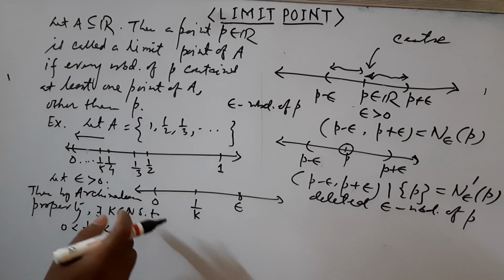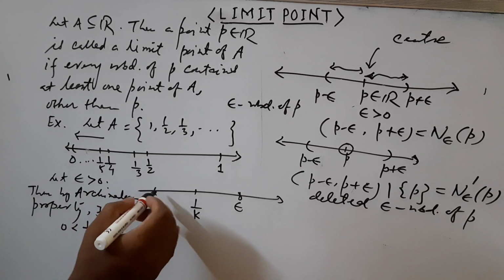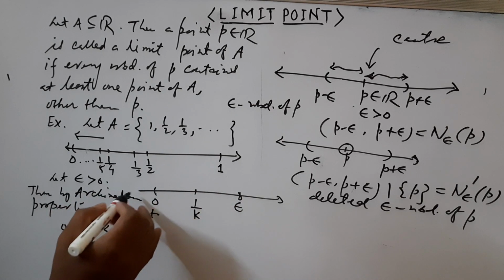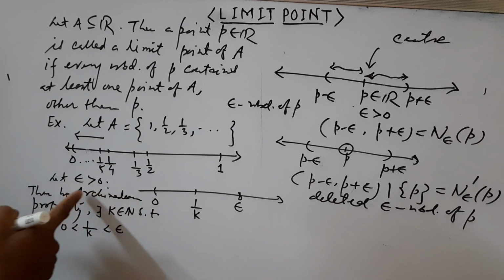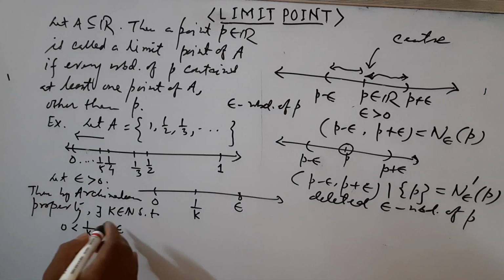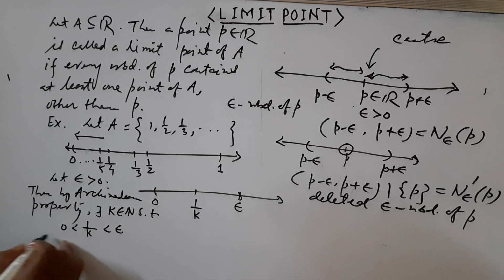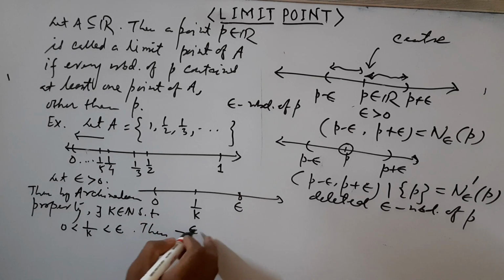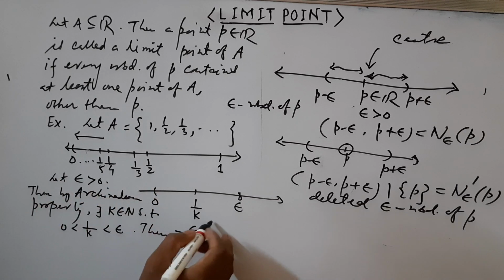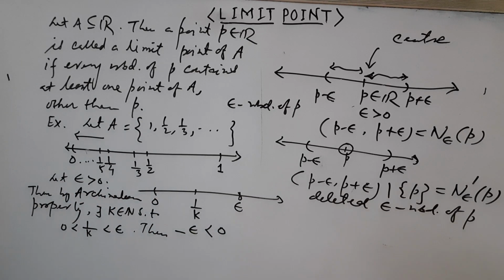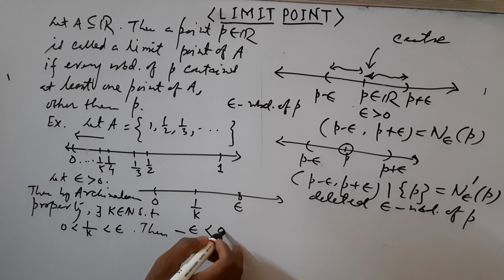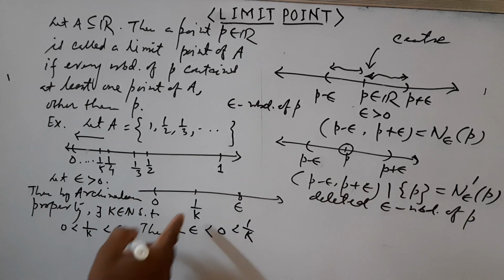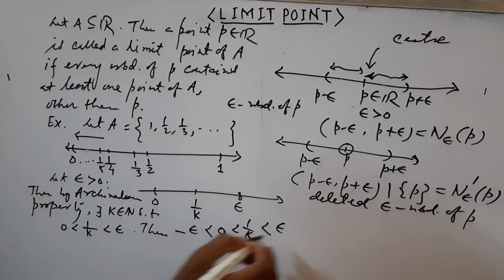Now if this is 0 and this is epsilon, so minus epsilon will be on the left of 0 over here, and then we can write minus epsilon will be less than 0, and 0 is less than 1 by k, and 1 by k is less than epsilon.